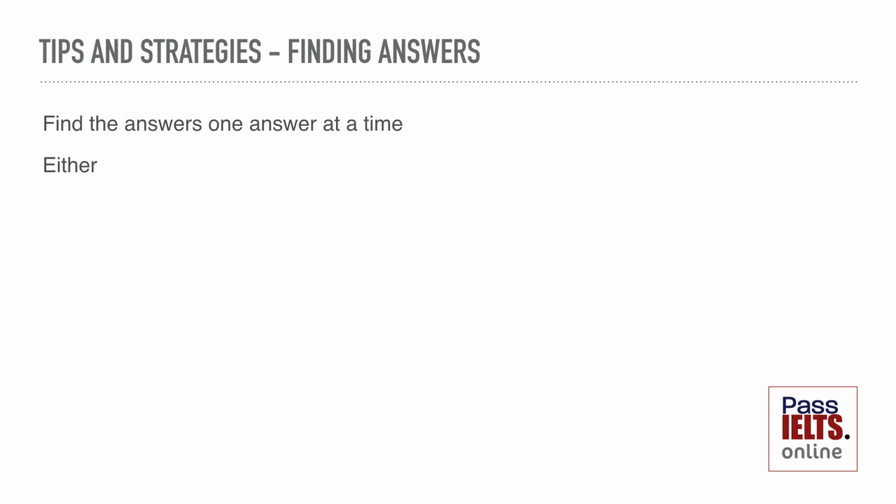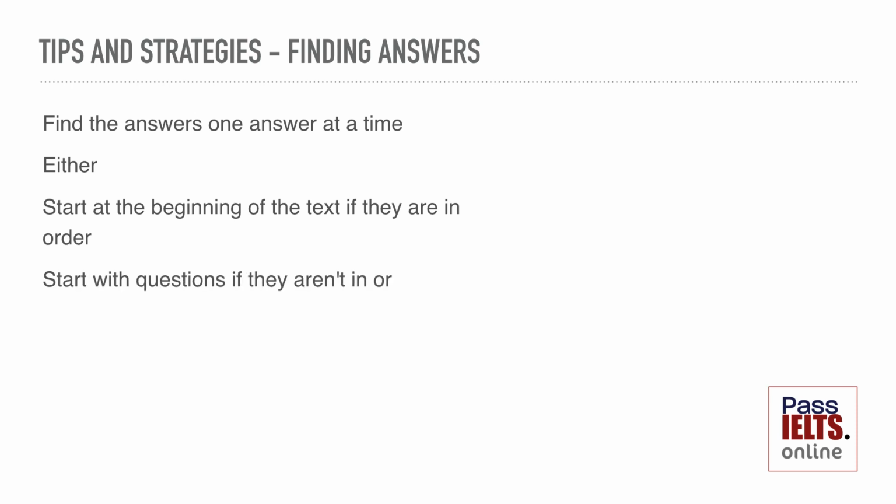So we suggest you find the answers one at a time. Either you start at the beginning of the text if they aren't in order, or you start with the questions if they are in order. To highlight why this is the most effective way of answering the questions, let's look again at the example on page 8.